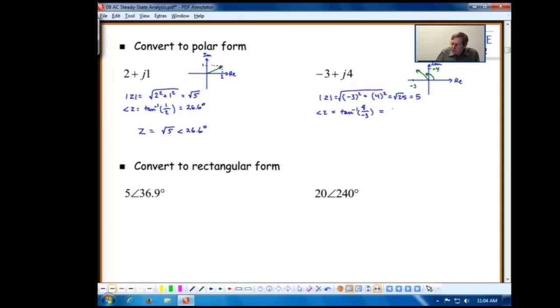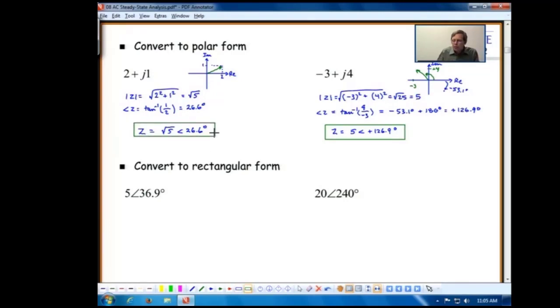On a calculator, that returns negative 53.1 degrees, which would be the angle down here. So if we add 180 degrees to it, we get the correct angle, which is plus 126.9 degrees, giving us a value for z of 5 at an angle of plus 126.9 degrees. So there's two examples for going from rectangular form to polar form.